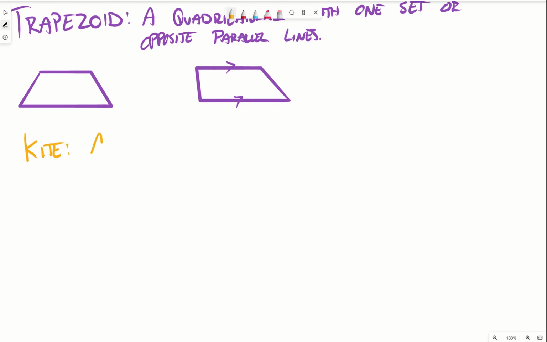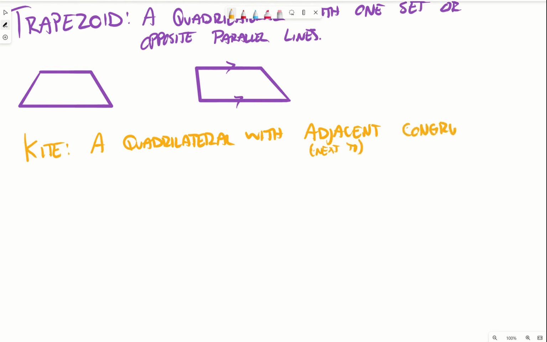And a kite is a quadrilateral with adjacent, which means next to, congruent sides. Okay, so a kite has two sides that are next to each other that are the same measure, and then two other sides that are next to each other that are the same measure.